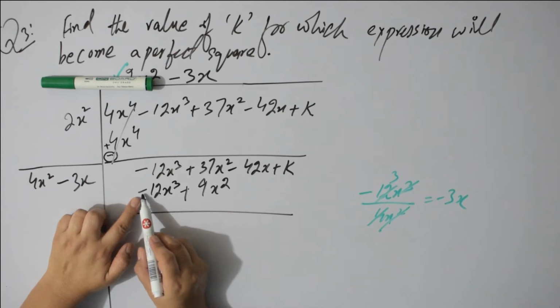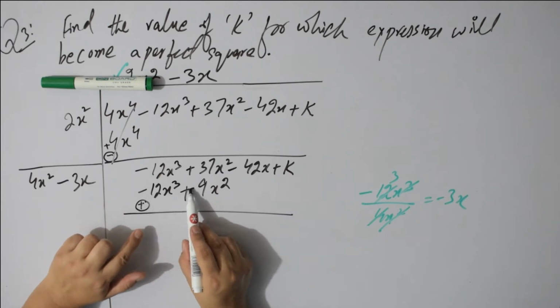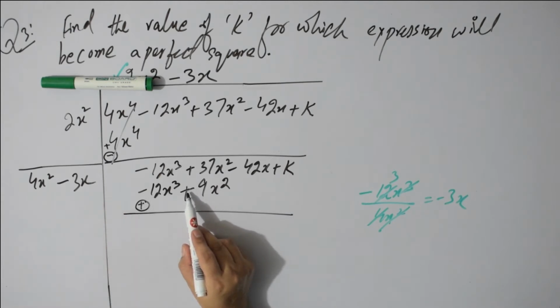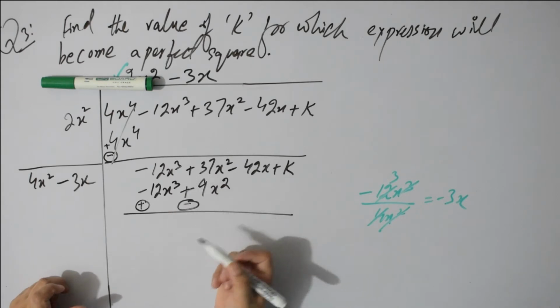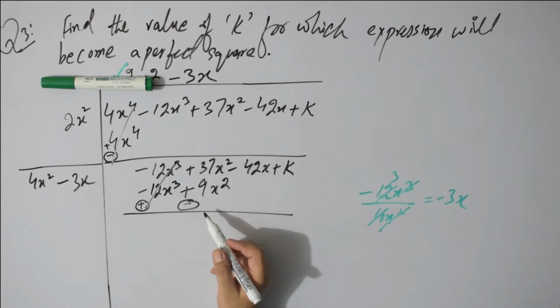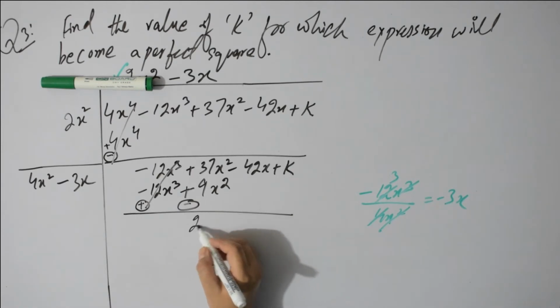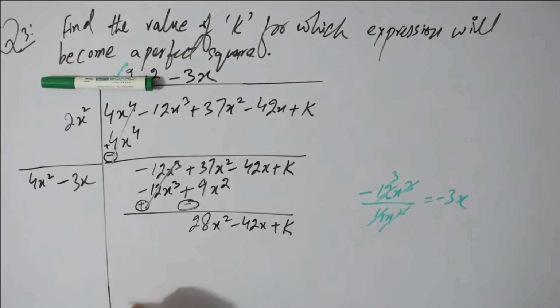So old sign is minus, new sign will be plus. Look here, my old sign is plus, and when I change the sign it becomes minus. They will cancel with each other. 37 minus 9 becomes 28x square minus 42x plus k.